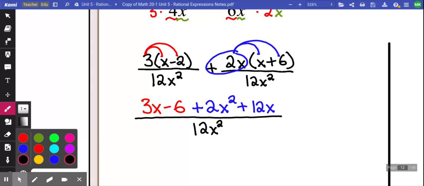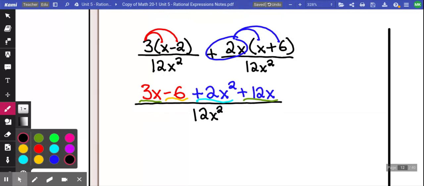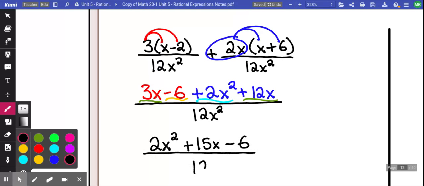Then I can collect like terms. 3x and 12x can go together. The 2x squared is on its own. The minus 6 is on its own. So this top now comes out to be 2x squared plus 15x minus 6 divided by 12x squared.